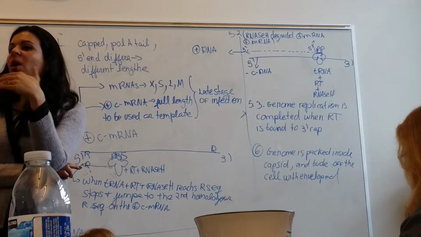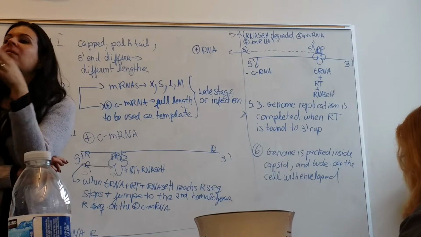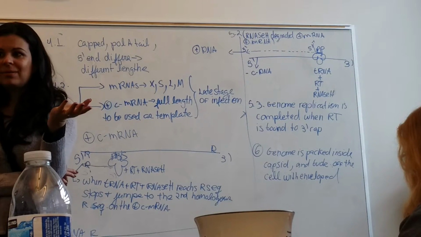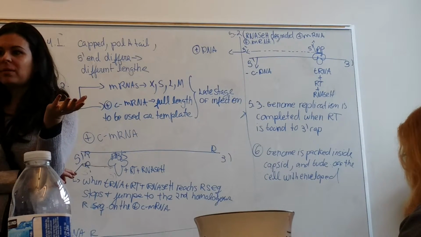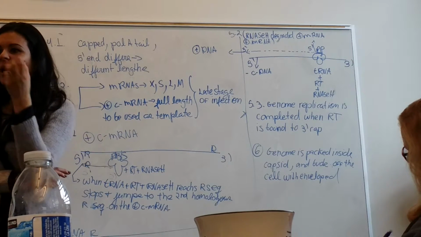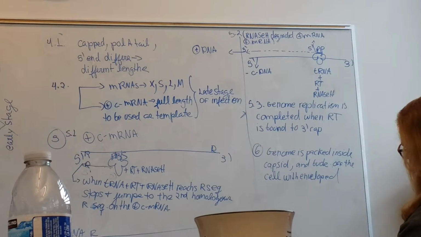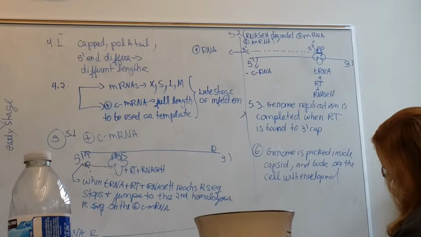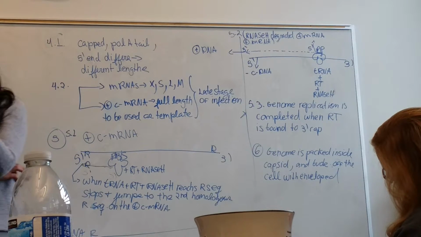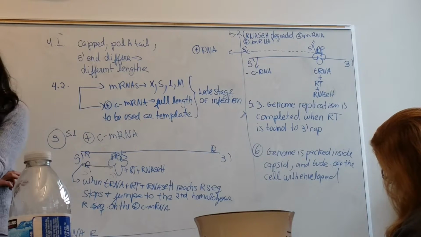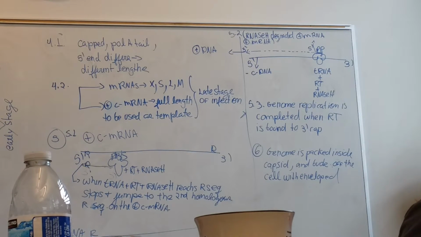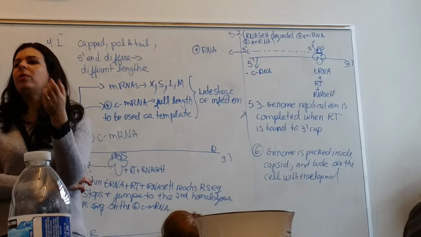But the fact that it causes cancer suggests that it is, right? Integrating into the cellular DNA. Because otherwise, how would it cause cancer? If it doesn't modulate cell proliferation, if it doesn't increase cell proliferation, how would it cause cancer?